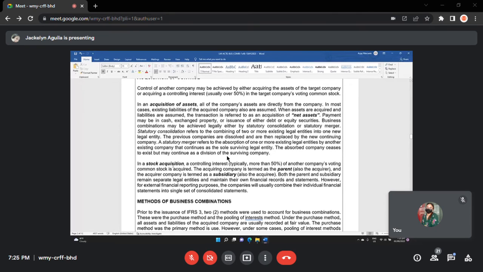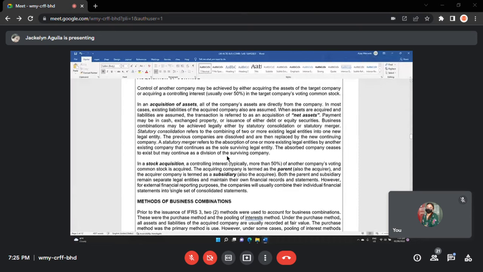In stock acquisition, a controlling interest, typically more than 50% of another company's voting common stock, is acquired. The acquiring company is termed as the parent, also acquirer, and the acquired company is termed as subsidiary, also the acquiree. Both the parent and subsidiary remain separate legal entities and maintain their own financial records and statements.